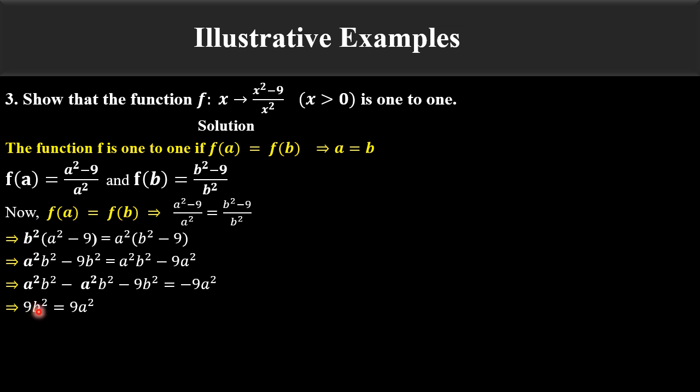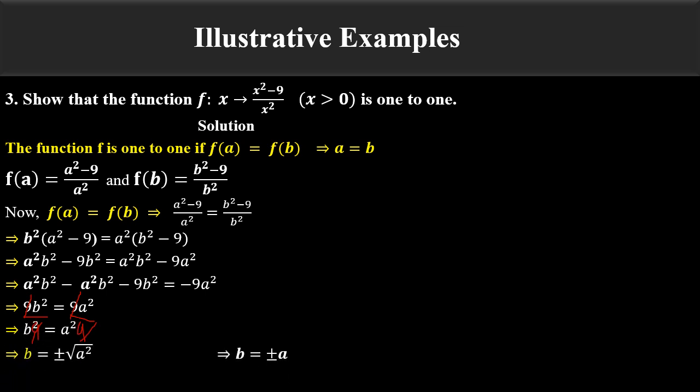And since we cancel the minus from each side, we are left with 9b squared equal to 9a squared. And in here, we can still cancel the 9. So if we divide this side by 9 and divide that side by 9, this 9 will cancel this 9, and we'll be left with b squared being equal to a squared.